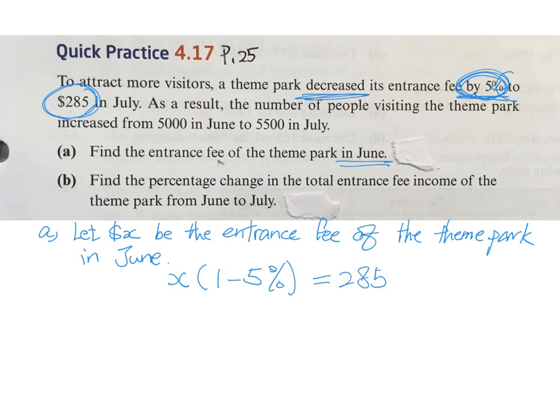You have this formula, and therefore you can find the corresponding value of X, which is $285 over 1 minus 5%. With the help of a calculator, you return the value at once, which is 300.